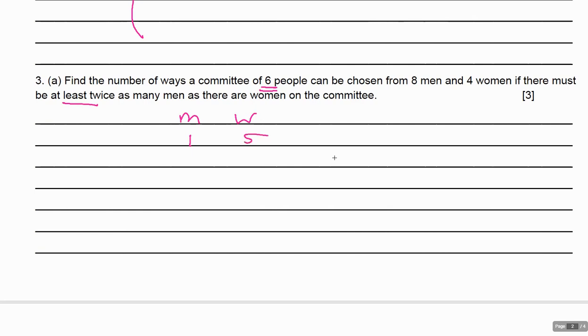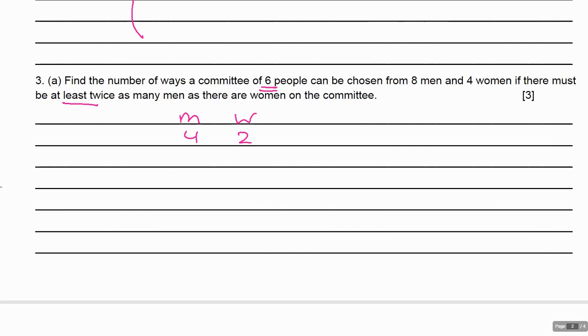Oh no. I messed up here, because remember, these two numbers have to add up to 6. So you could have 4 men and 2 women. If there are 4 men and 2 women, that's twice as many men, right?